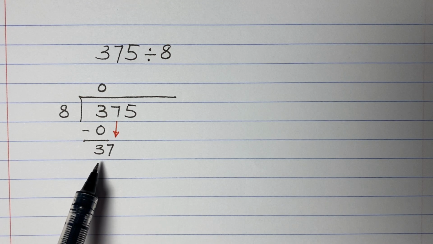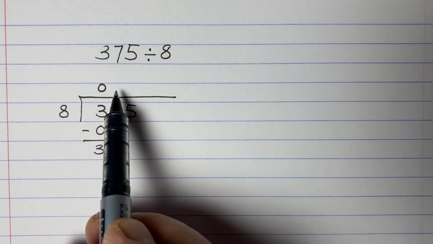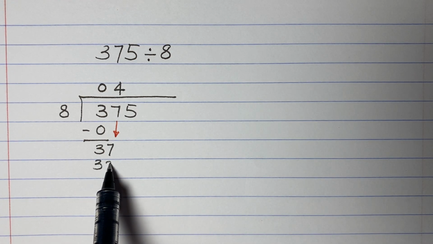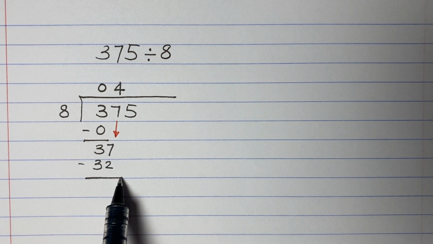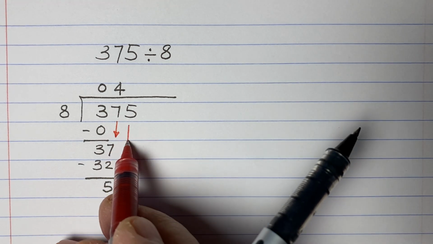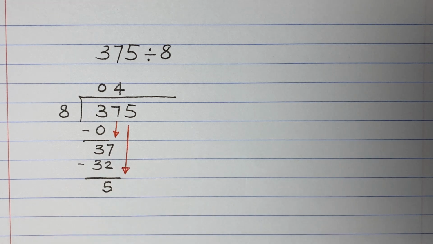How many 8 goes into 37? 4 times. 4 times 8 is 32. If you remove, we have 5 left. Bring the next digit down. So my new number is 55.